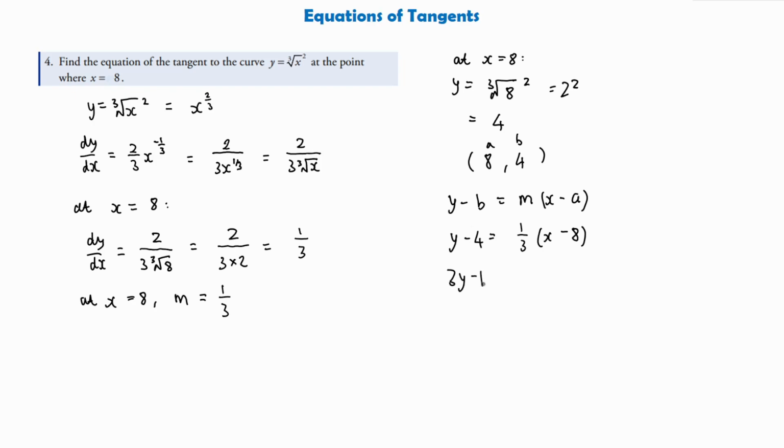We're going to get 3y minus 12 is equal to x minus 8. And then take everything over to one side, we find that we get 3y minus x, then add 8 to both sides, gives us minus 4, is equal to 0. And this is our equation of the tangent to the curve y equals the cube root of x squared at the point where x is equal to 8.